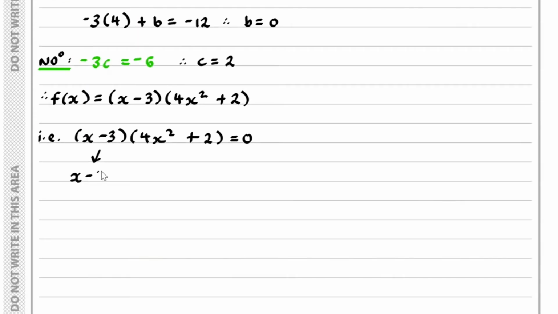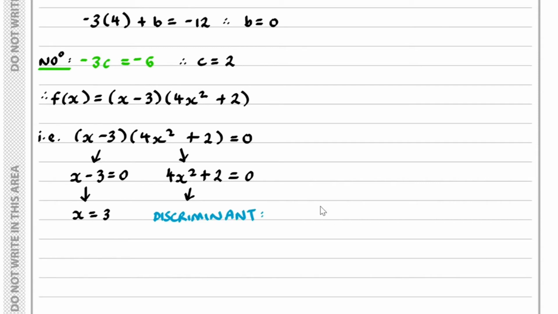So x minus 3 is equal to 0, or 4x squared plus 2 equals 0. Now, if x minus 3 is equal to 0, this would imply x is equal to 3. And if I attempt to solve this, what we'll do over here is use the discriminant.